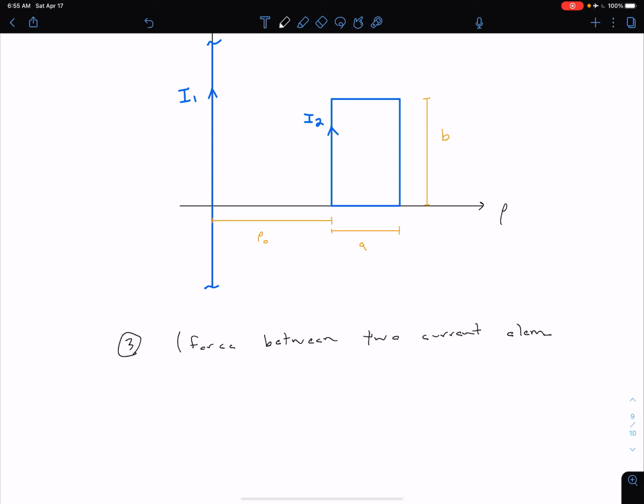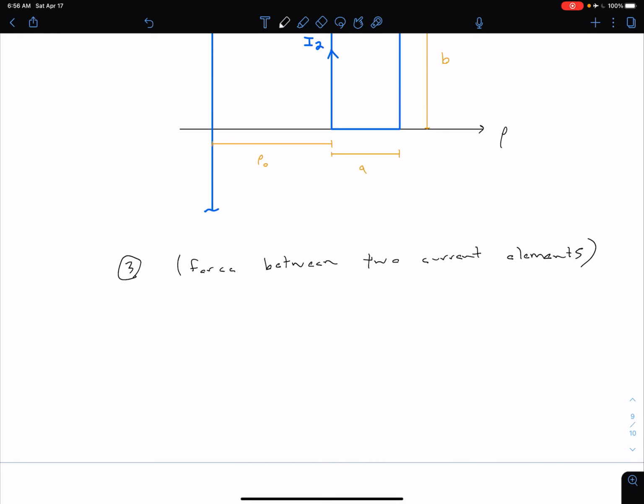But what we're going to see is it's actually easier in this case to consider our second method. So it's easier to consider case 2, and remember case 2 was just force on a current element, which was in the presence of some magnetic field B.